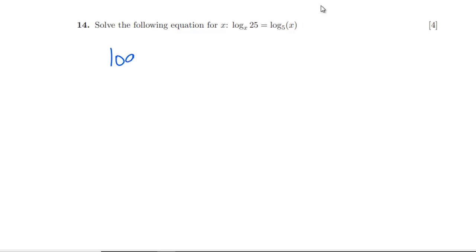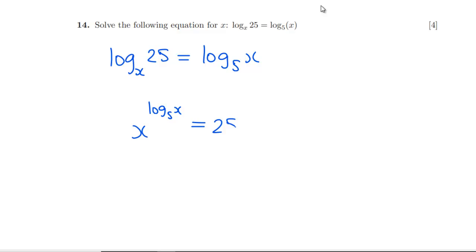So if you've got log base x of 25 equals log base 5 of x, well, let's do our usual log rule. So x to the power of log base 5 of x has got to be equal to 25. Now let's take log base 5 of both sides. So we can do log base 5 of x to the log base 5 of x is going to be equal to 2.